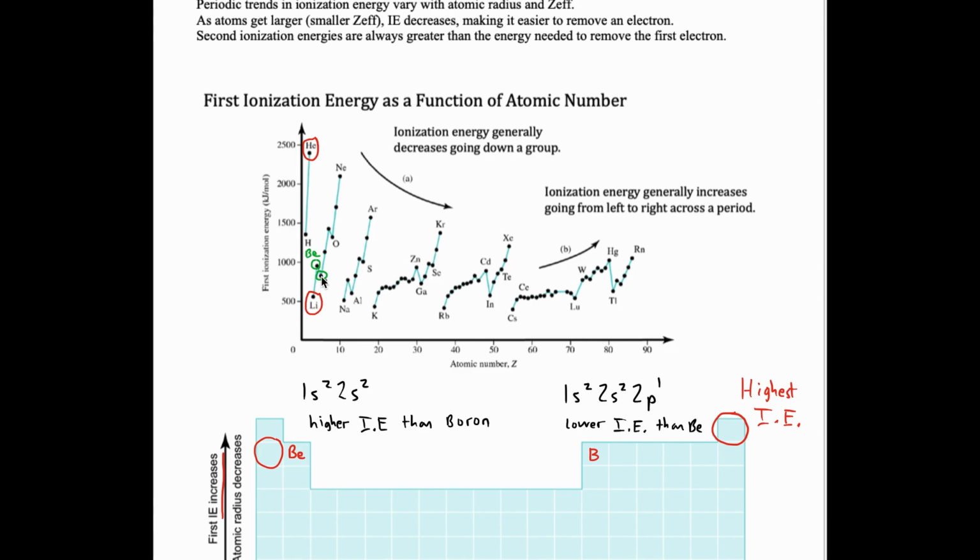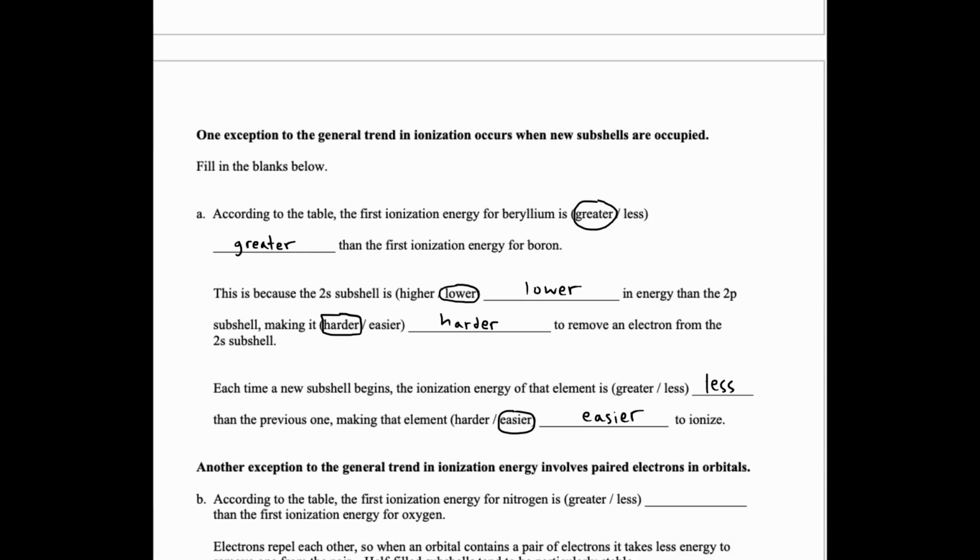Boron would be a start of a new 2p shell. So there's going to be a drop in ionization energy. Same thing happens here. We've got sodium and then magnesium. Mg, magnesium is here. So when we jump across the gap to aluminum, we do see a drop in ionization energy.